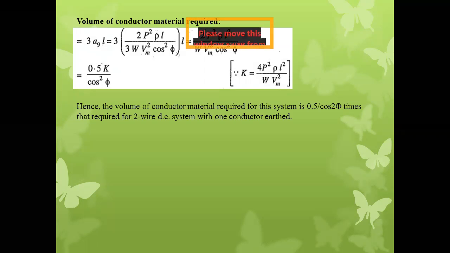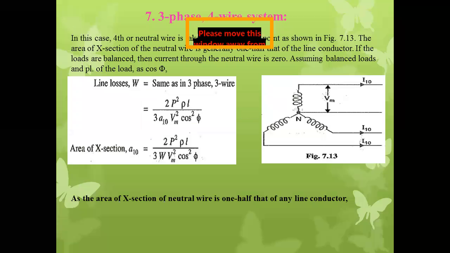Remember this is very important, because it is almost universally adopted as the three-phase system. That's why it is important for transmission purposes. For distribution, the three-phase four-wire system is used, and the three-phase three-wire system is generally used for the transmission of electrical power.